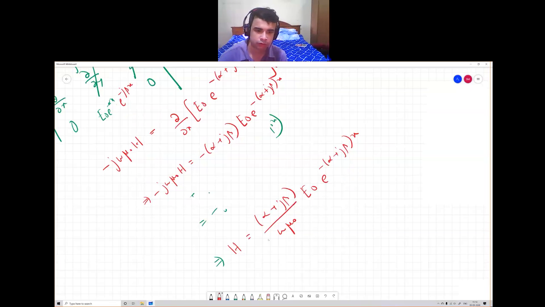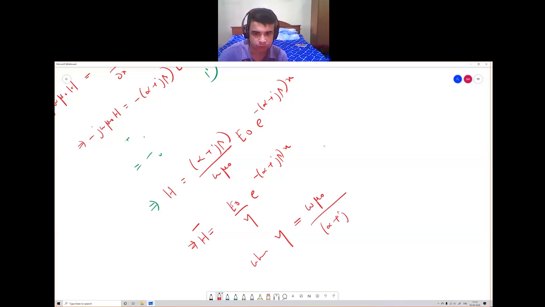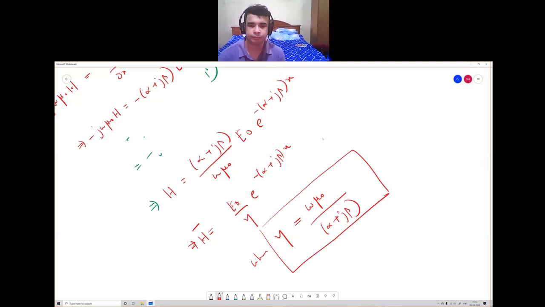Now take H equal to E naught by eta e to the power minus alpha plus j beta x, where eta is equal to j omega mu naught over alpha plus j beta. And as expected, this time it will be complex because both real and imaginary terms are there. Now you can put the values of alpha and beta, whatever we got there, and you can find it out.